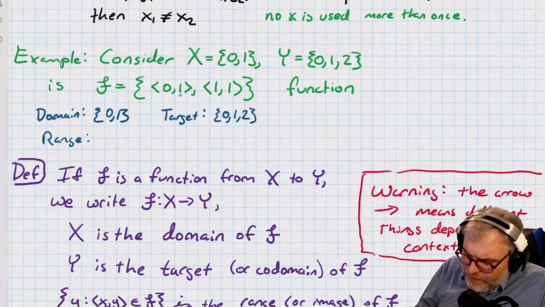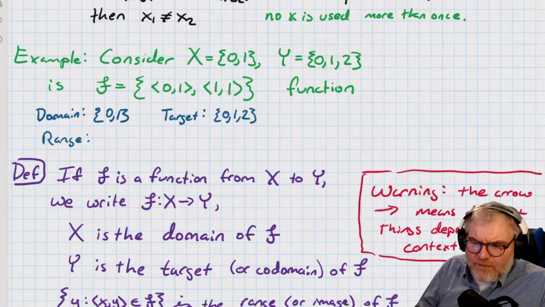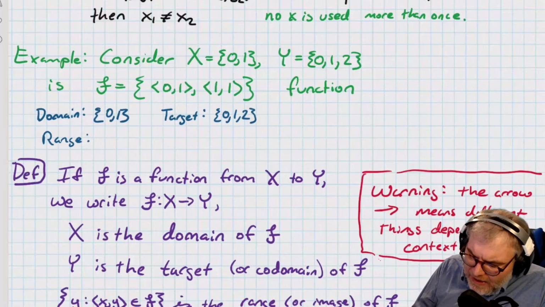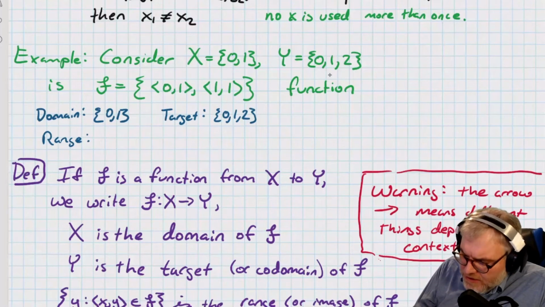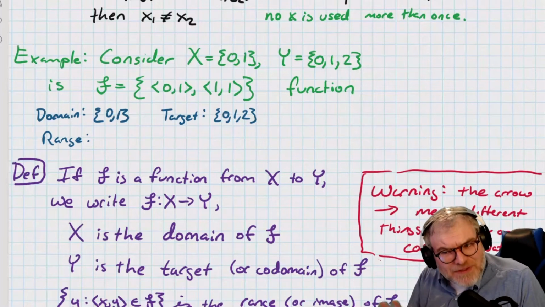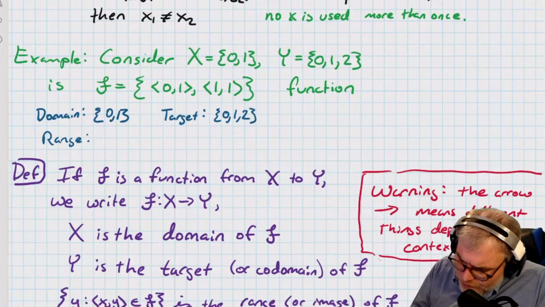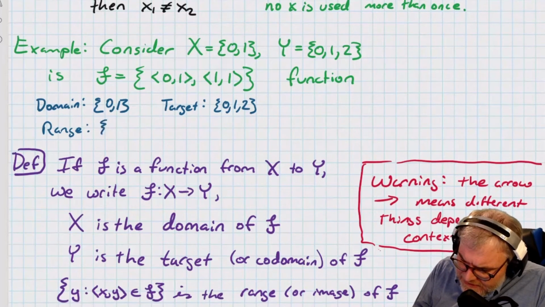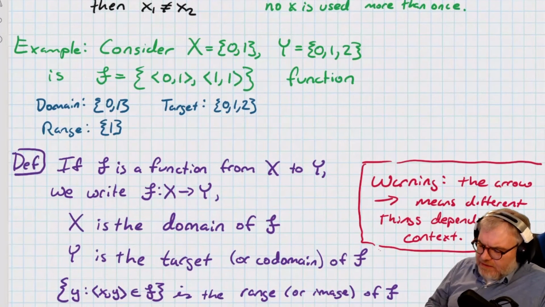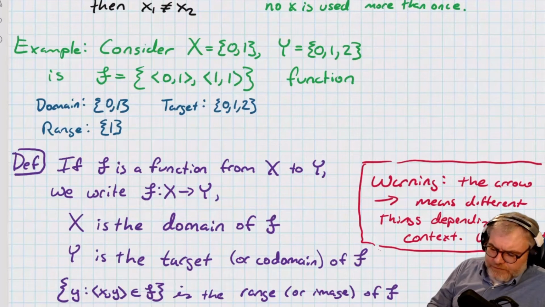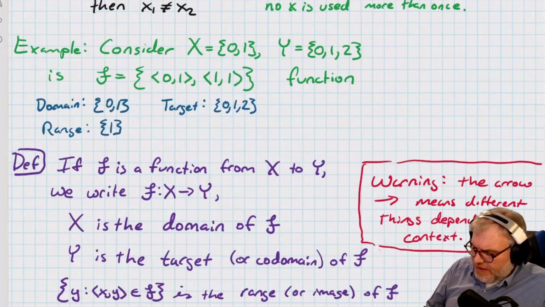So I hit 1 with this X value, and I hit 1 with that X value. So I don't hit 0 and I don't hit 2. They're valid outputs, but I don't actually hit them. So the range of this would simply be the singleton 1, the set containing only 1.